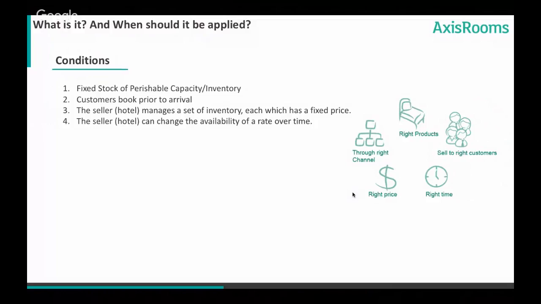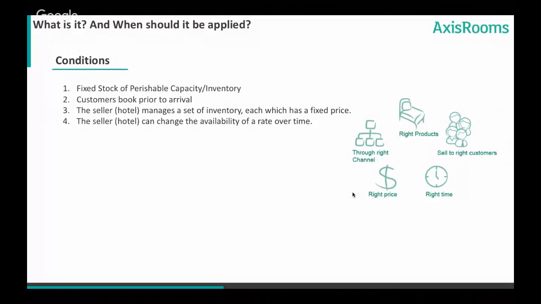Now, the basic definition of revenue management is to offer the right product to the right customer at the right time, for the right price, and through the right channel. As you can see from this illustration here, this is known as the revenue management cycle. I will just take a couple of minutes to go through what I actually mean in relation directly to a hotel about the revenue management cycle.